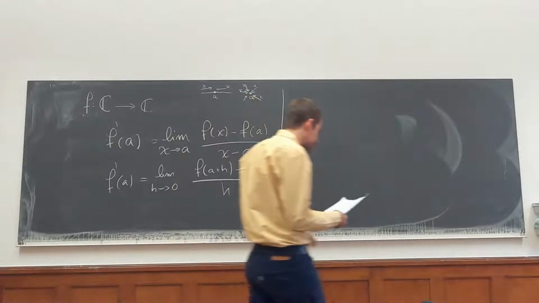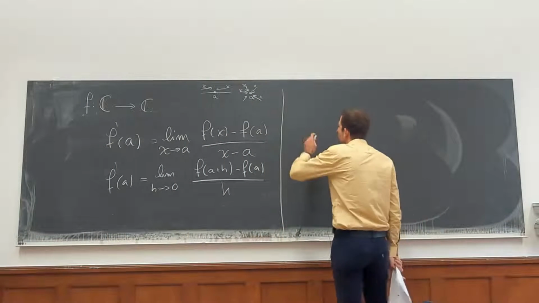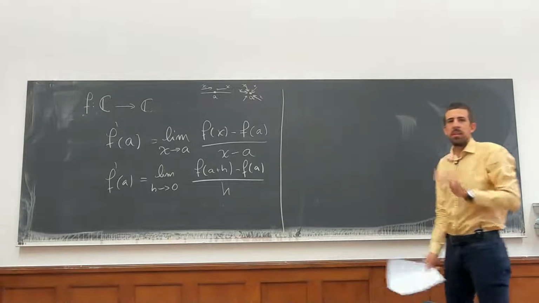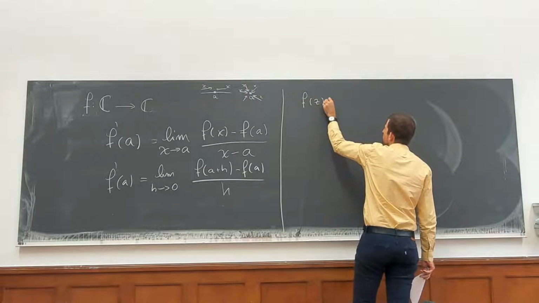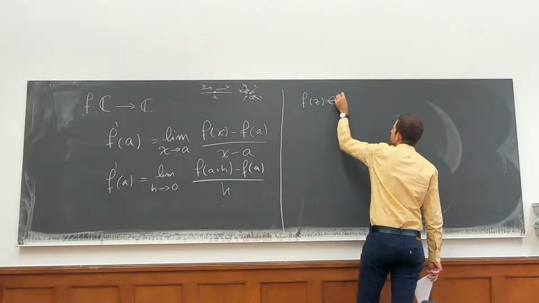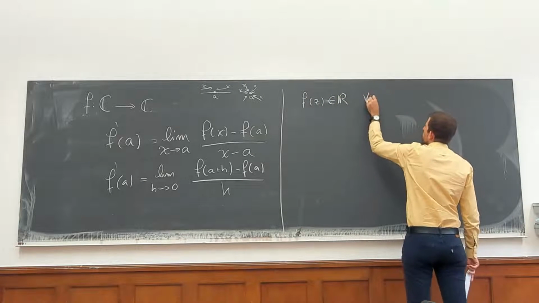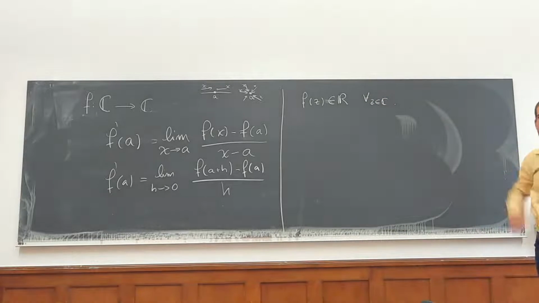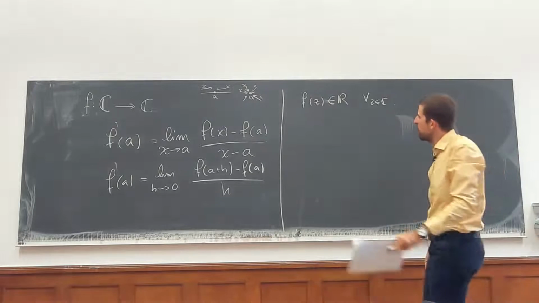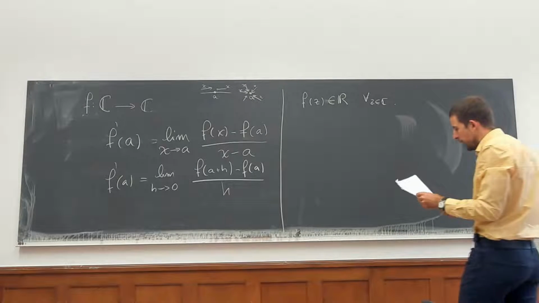Let me redo it because last time we did it rather quickly. If we have some function over the complex plane such that f of z is real for all z in the complex plane, or even in an open interval, it doesn't need to be over the whole complex plane. As long as it's an open interval, you can still do everything.